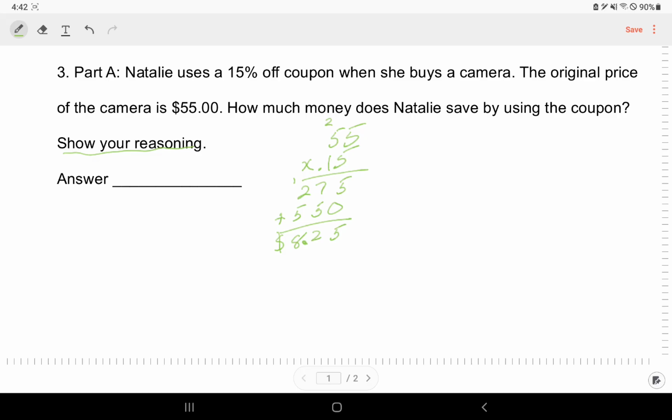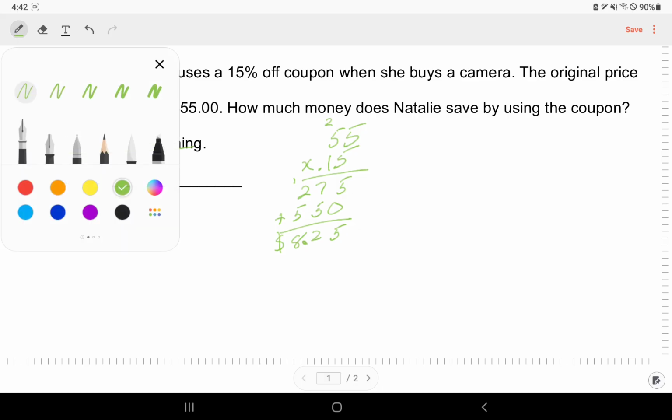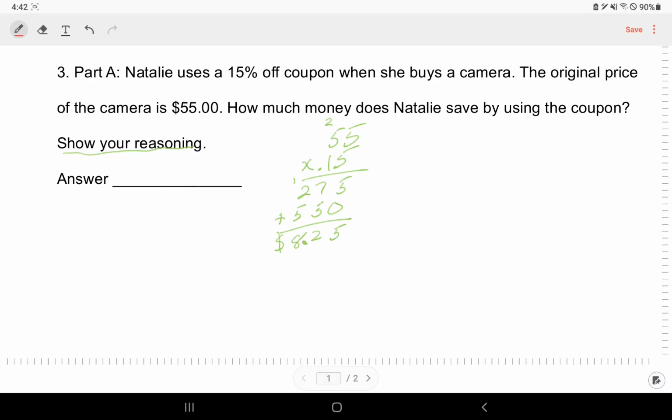However, for those of you who that doesn't work, or that is not something that you are okay with, comfortable with, whatever, there's a table. So, money, percent. So, 55 is 100%.